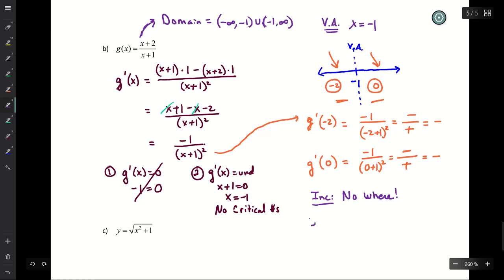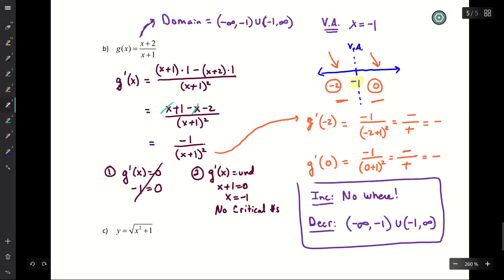And then we're going to say that we are decreasing over the entire domain. So we would say from -infinity all the way up to that critical number. Remember, we look there. So -1, and then union -1 to infinity. So there's our increasing, decreasing behavior for that function.